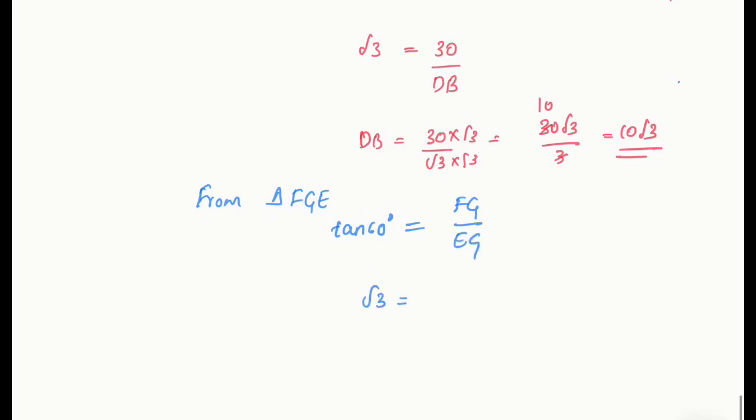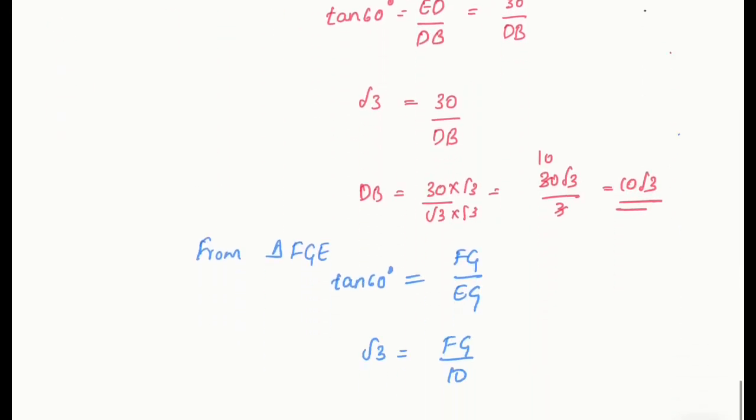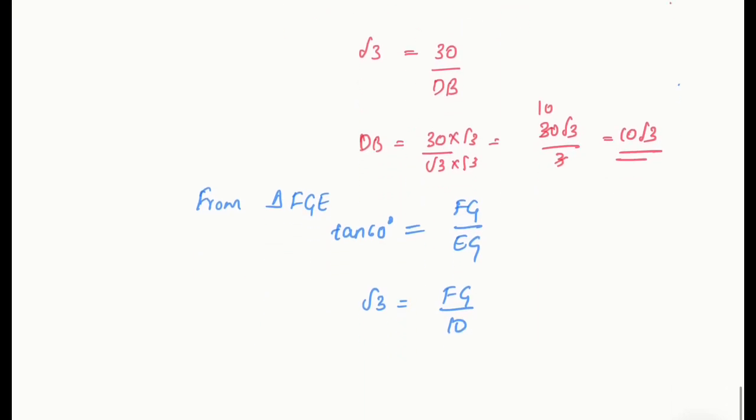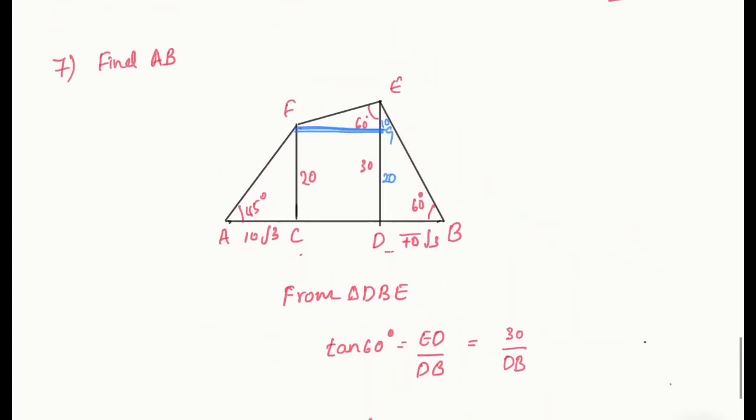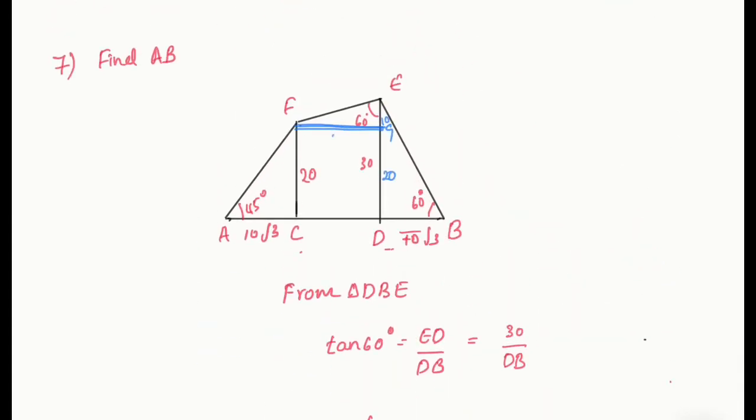Tan 60 is root 3 equal to FG by 10. So you get FG is equal to 10 root 3.